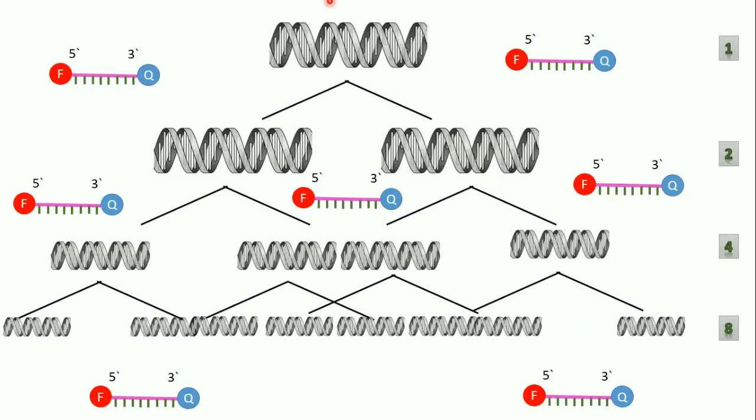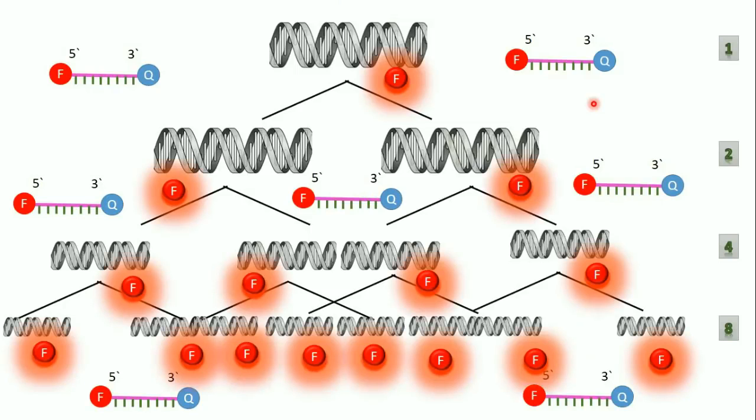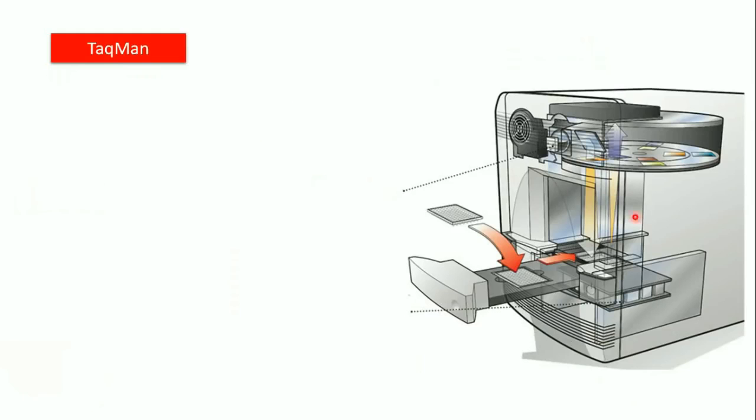So at first, let's say we will get a little bit of fluorescence, then we will get more and more and more fluorescence, and this is what can be detected by the spectrofluorometer. We'll see the spectrofluorometer in here.